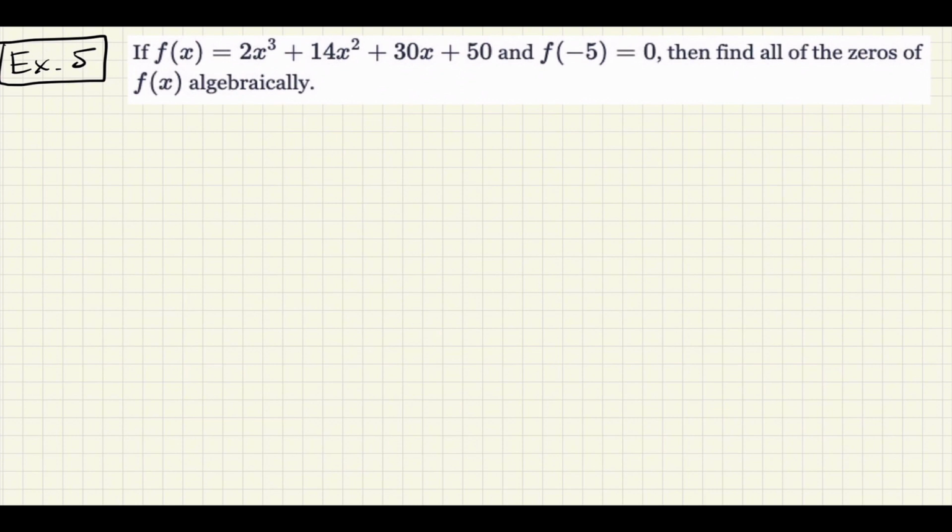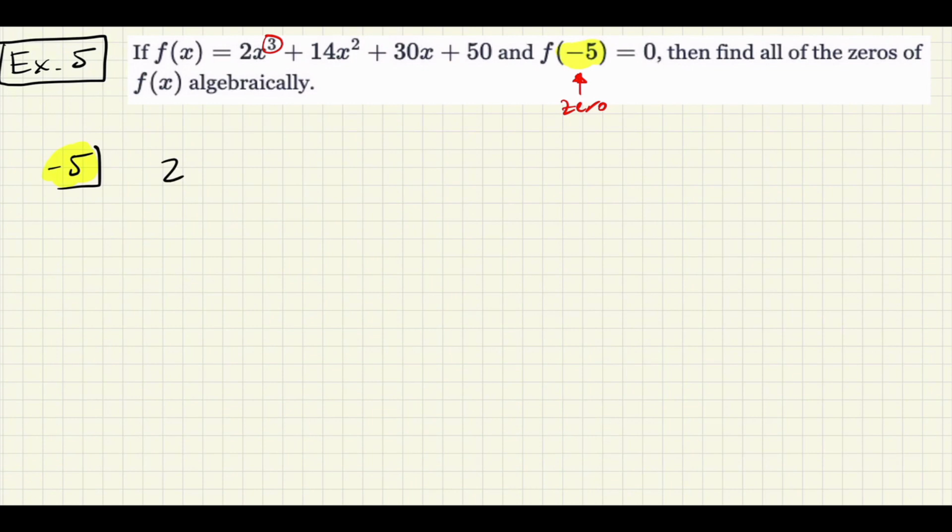Well, the 0, right? They already gave me a 0. Absolutely. -5 is a 0. For sure, that's already an answer. They're already giving you an answer. So -5 goes here. Now it's my job to find the other 2 because I have to have 3 total.